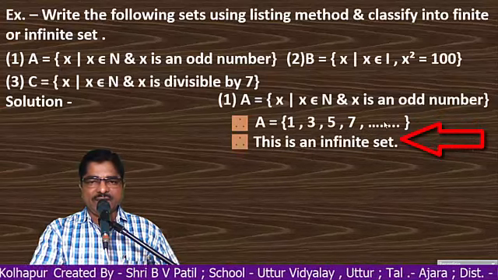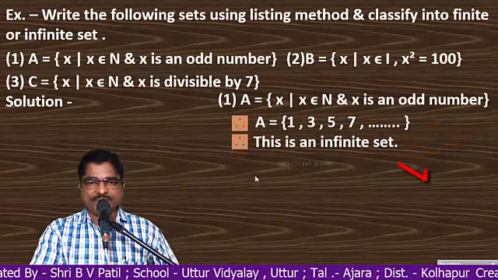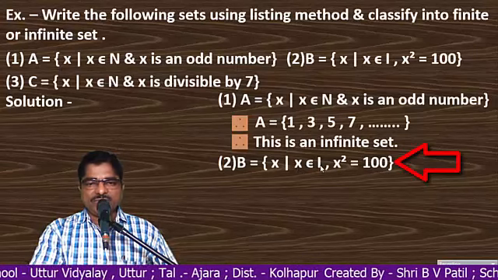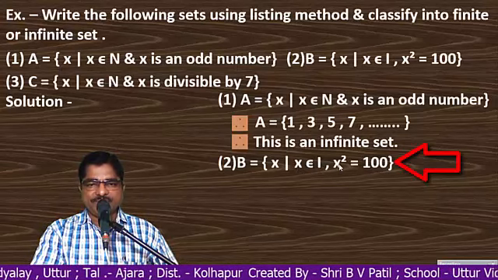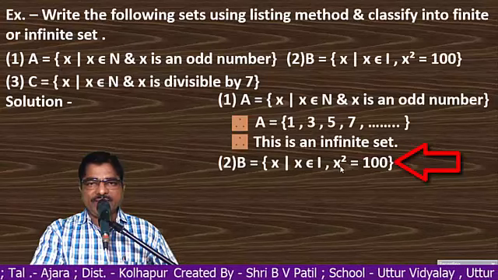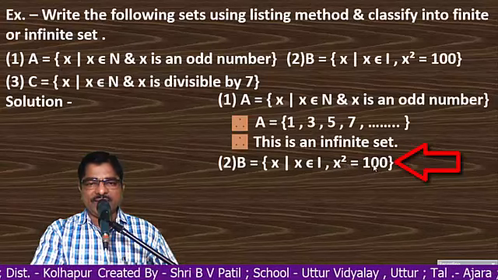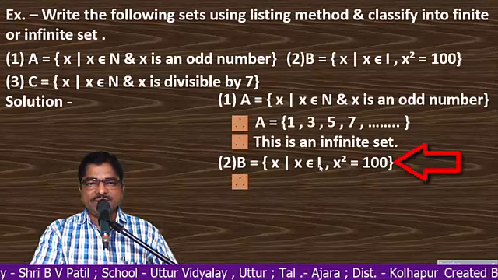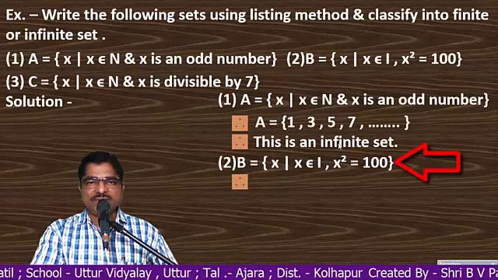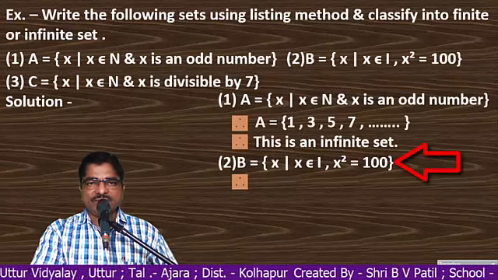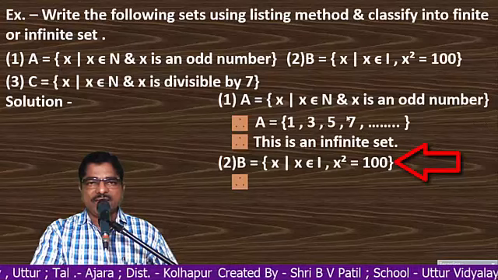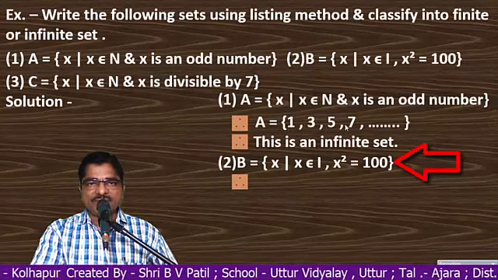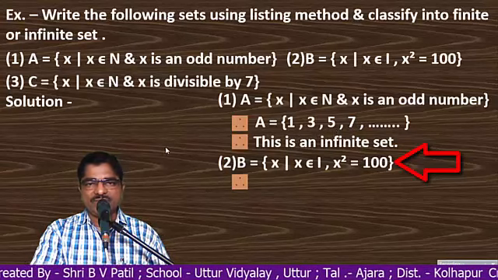We cannot count here. Then second example, x belongs to I, meaning integer, and x square is equal to 100. Therefore, integers are 0, on the right side natural numbers 1, 2, 3, 4 and so on, and on the left side of 0 are -1, -2, -3, -4 and so on.